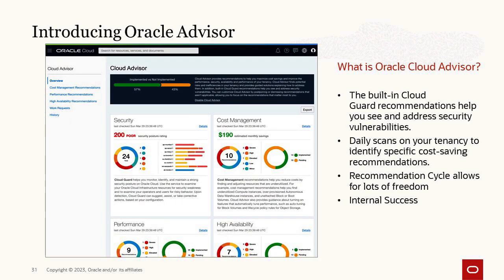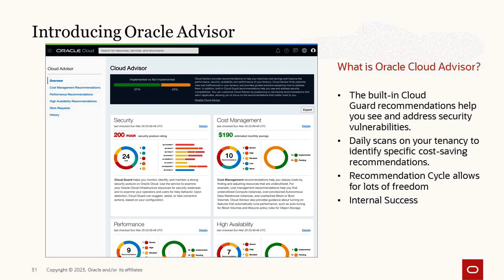Last tool, a little bit of a separate vein from the prior, is going to be helping you optimize spending with Oracle Advisor. Oracle Advisor is a built-in free tool that was originally created on the Oracle internal tenancies, and after seeing success internally, it was released publicly.